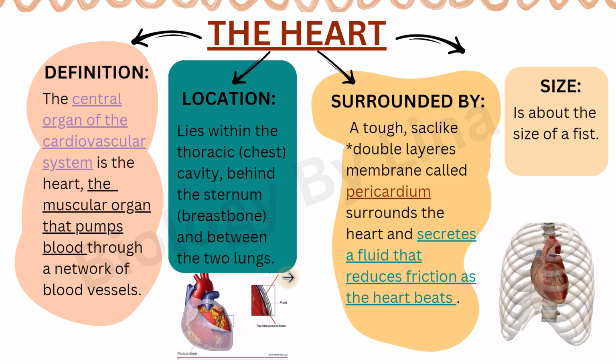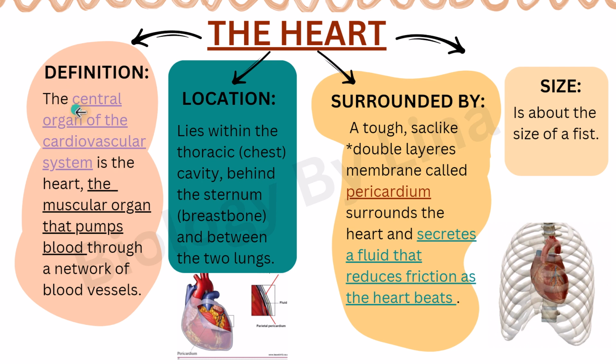Let's talk about the main organ, the center organ of the circulatory system or the cardiovascular system, which is named the heart. What is the heart? The heart is the central organ of the cardiovascular system. So it's not a tissue, and it's not an organ system, because the organ system, we said, is the cardiovascular system.